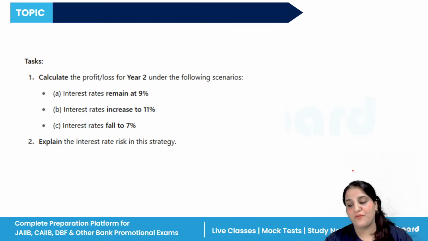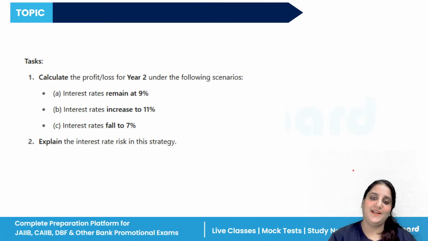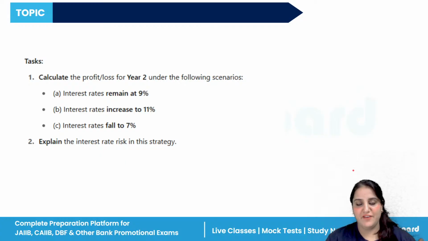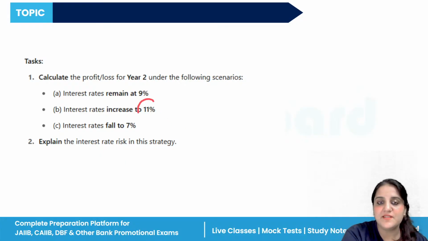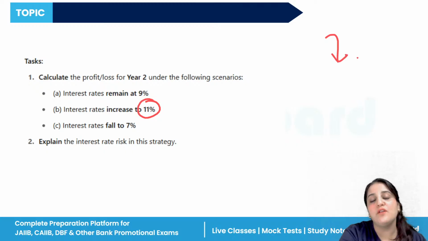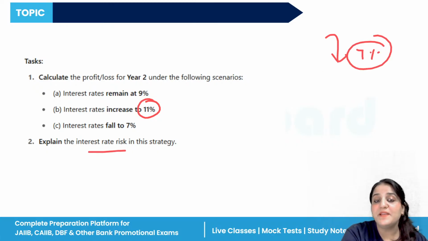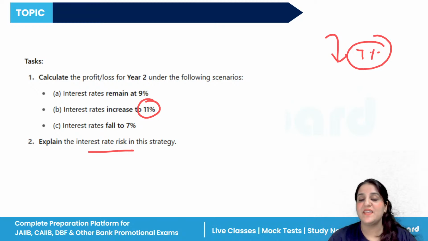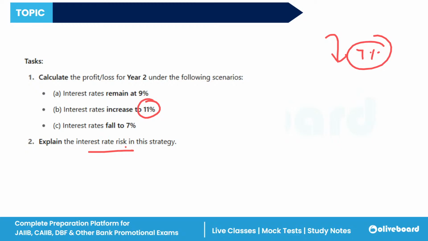So we have to calculate the profit and loss for year 2: if the interest rate remains at 9%, if the interest rate rises to 11%, if the interest rate falls to 7%, and also explain the interest rate risk in this strategy. So let's continue with the calculations step by step. If interest remains 9%, interest on liabilities will be 9%. That means 100 multiplied by 9% is equal to 9 crore.